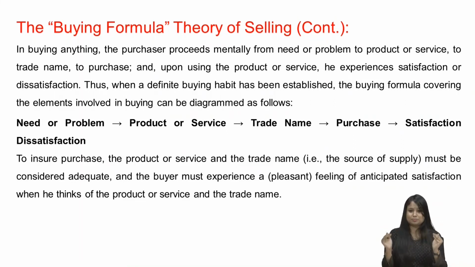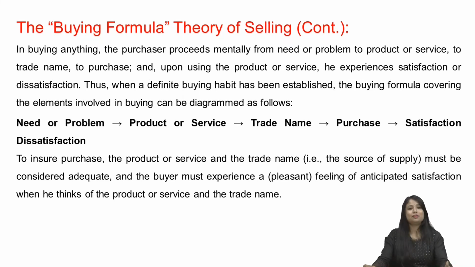Here is the product, and the next phase is the purchase, but in between, the trade name also comes. Trade name means a brand name, meaning whether you can convince your customers about your product. This brand name matters about 50%, not actually 50%, 70%. If a person is very brand conscious, obviously the person will buy that product only.